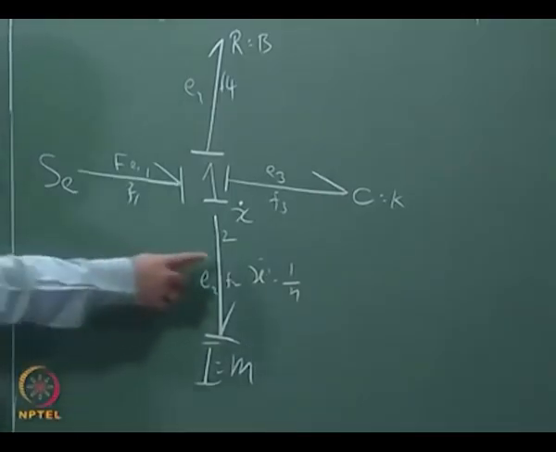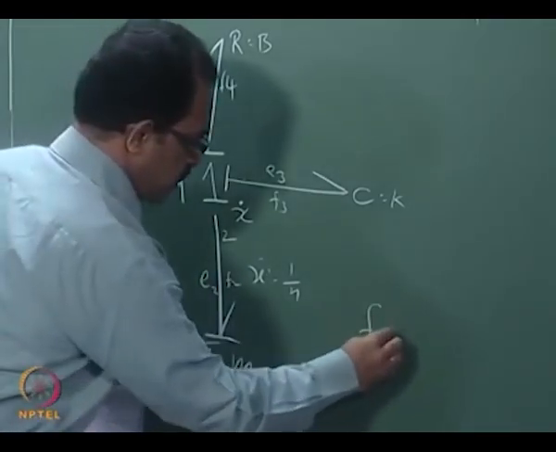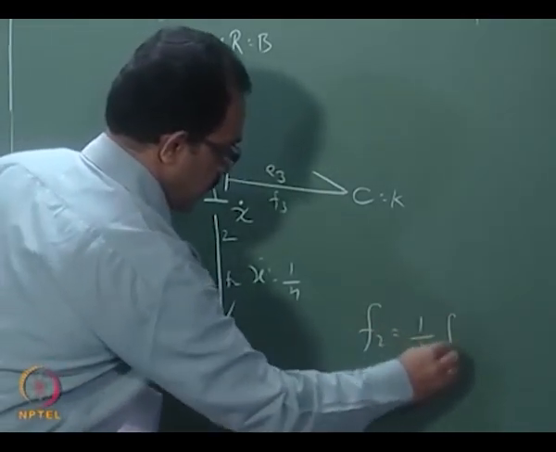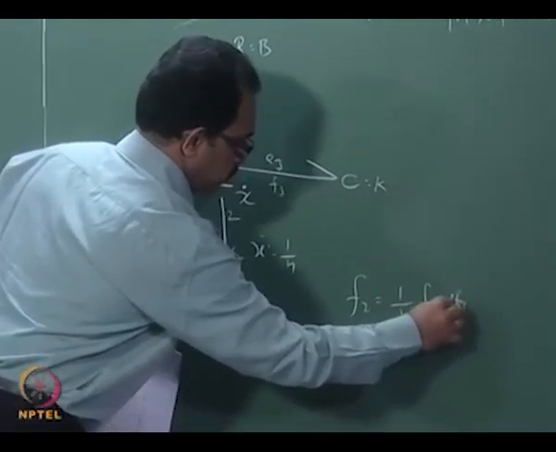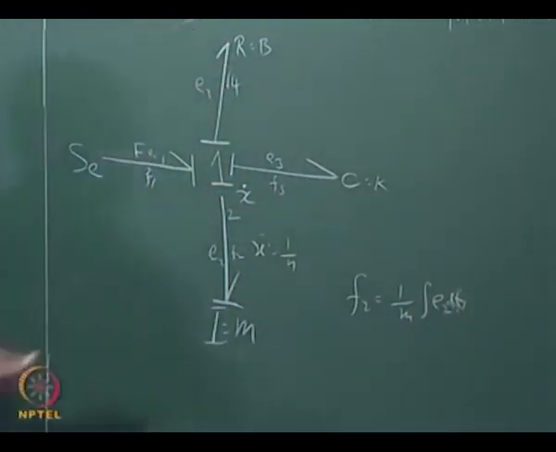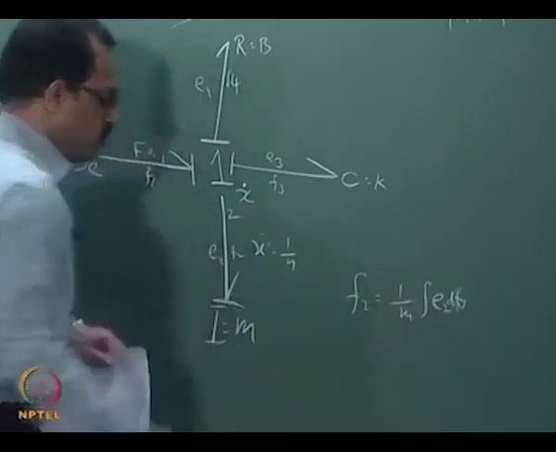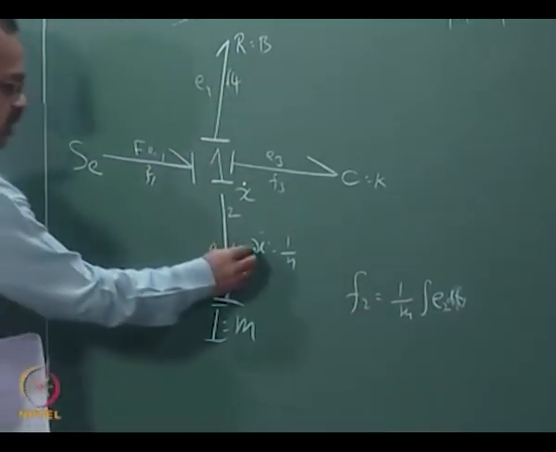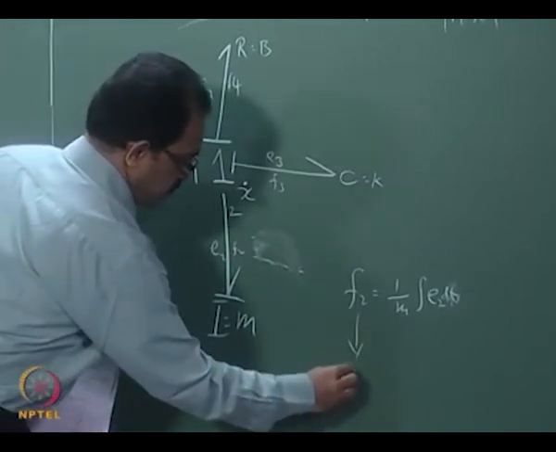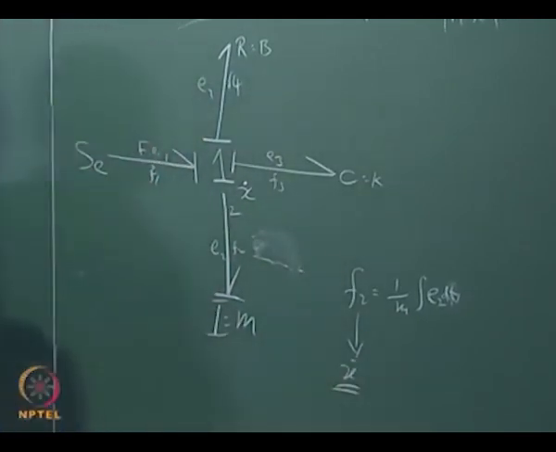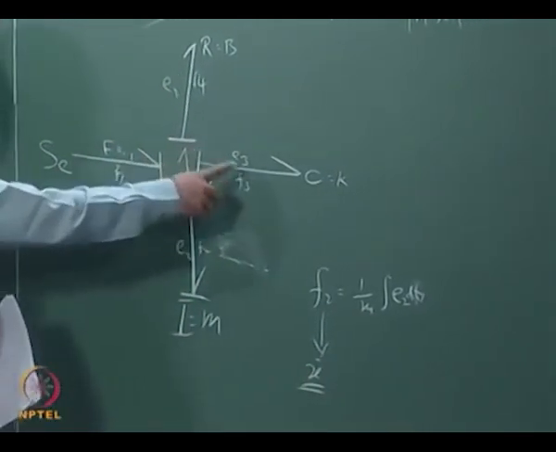I can calculate F2: F2 is nothing but 1 over m integral of E2 dt. That is the velocity, and F2 here is nothing but x dot. So we have F2, which is the junction velocity x dot. So x dot is calculated, and all the others follow from this.